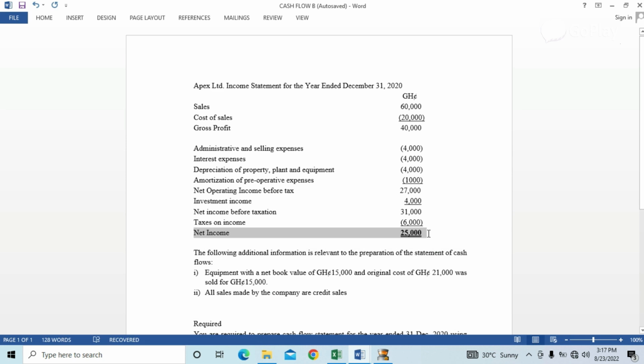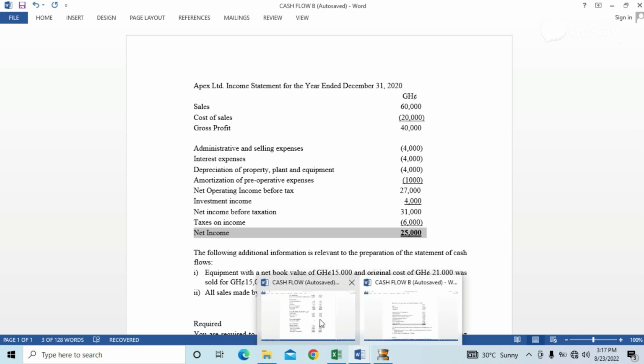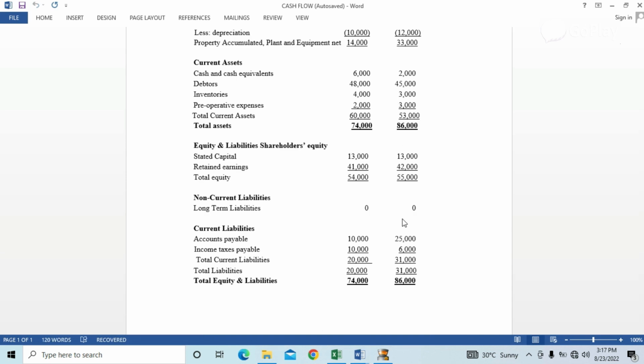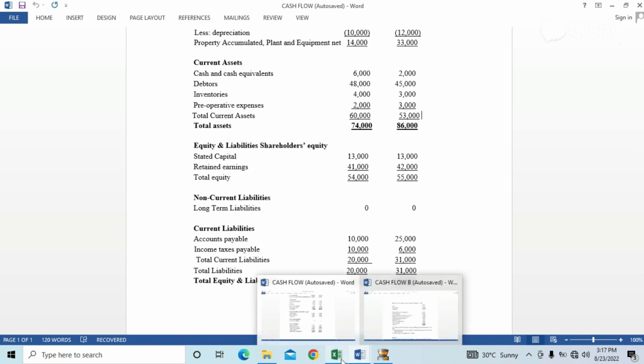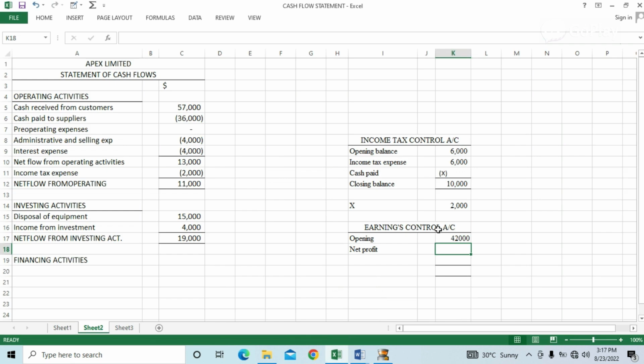So 25,000. If they have retained everything in the firm, then the retained earnings would have moved from 42,000 to something around 67,000. So previously the firm was having retained earnings of 42,000. In this year they made a profit of 25,000.